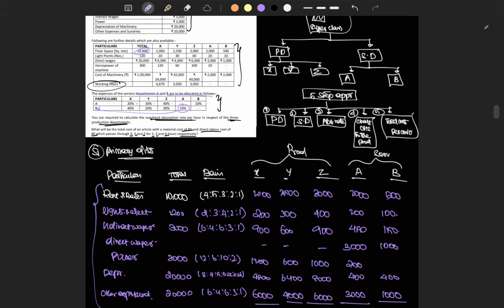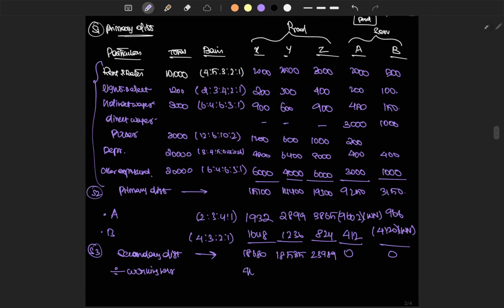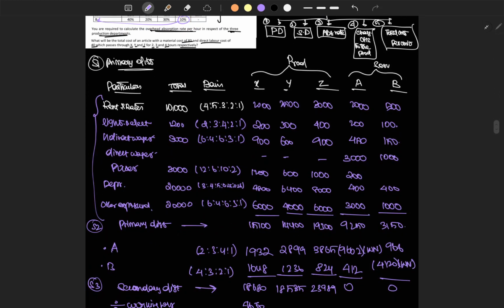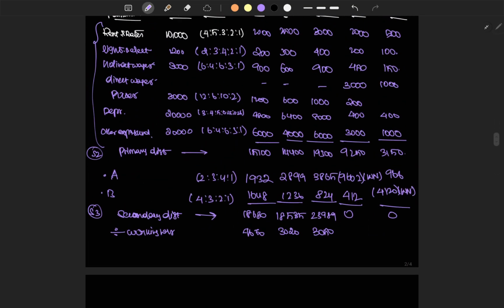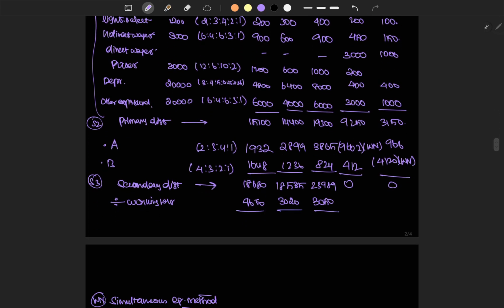Working hours for production department X is 4,670, 3,020, and 3,050 for production department Z. So if we divide, we'll get the absorption rate per working hour. 18,680 divided by 4,670 gives us rupees 4 per hour. 18,535 divided by 3,020 gives us rupees 6. 23,989 divided by 3,050 gives us rupees 8 per hour.